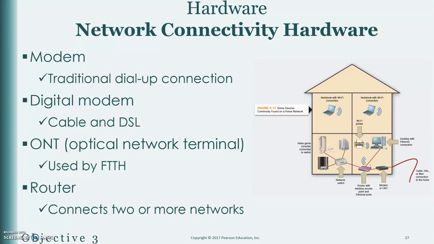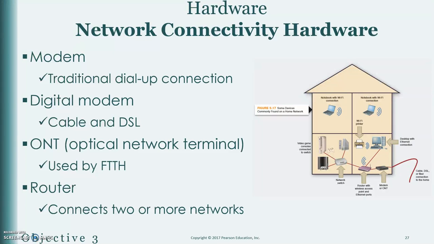Additional network hardware includes a modem, that would be for your traditional dial-up connection. A digital modem, if you're using cable or DSL internet. An ONT, which is an optical network terminal, that's if you're running fiber, like a fiber optic network.